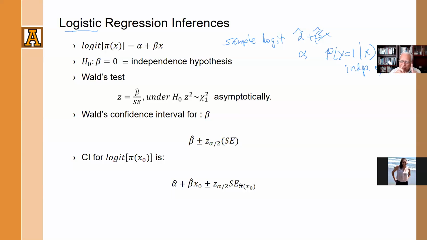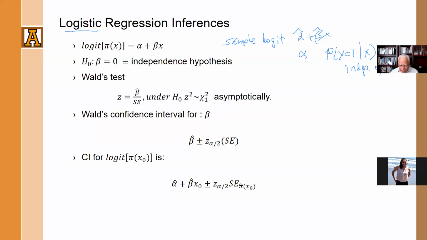We take the sample estimate of beta divided by its standard error, and under the null hypothesis that beta is equal to 0, z squared has a chi-square distribution with 1 degree of freedom. In other words, under the null hypothesis, z would be approximately normally distributed.